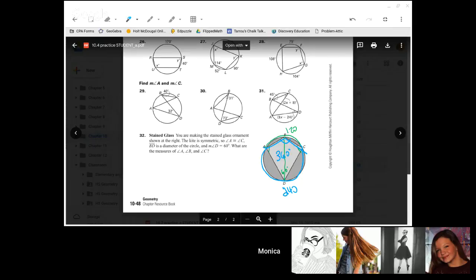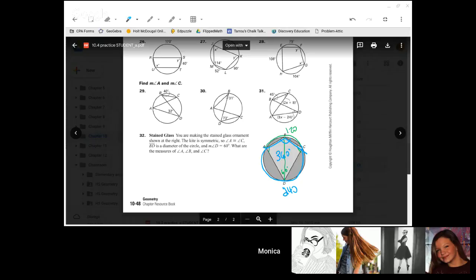Okay, so we know 2 of them are 120 and 60, right? So that leaves us with 180 degrees left. Yeah, divide by 2 because A and C are congruent. Does that make sense?